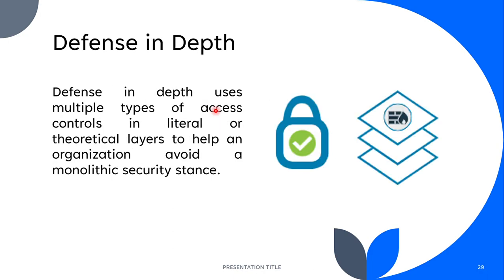And then the next one we are going to talk about is defense in depth. Defense in depth is when you use multiple layers of access control, in literal or theoretical layers, to help an organization avoid a monolithic security stance. Monolithic means one, when you are using just one mode of security, but defense in depth uses everything.